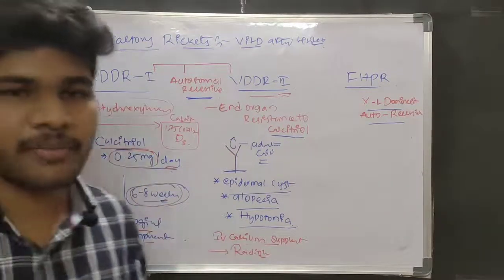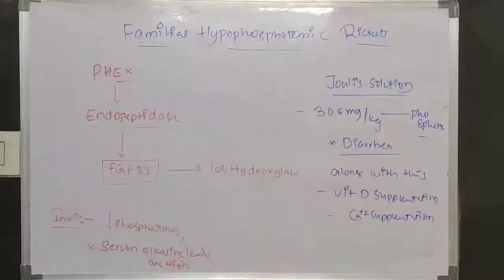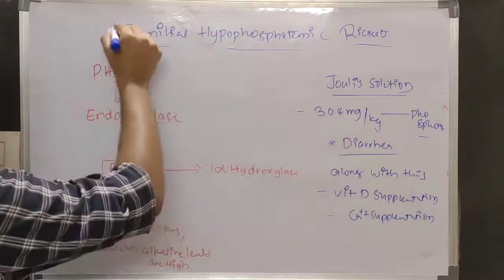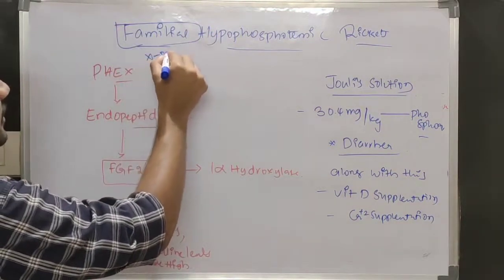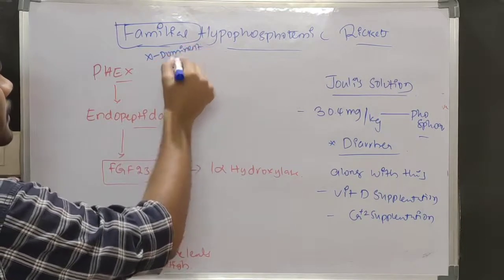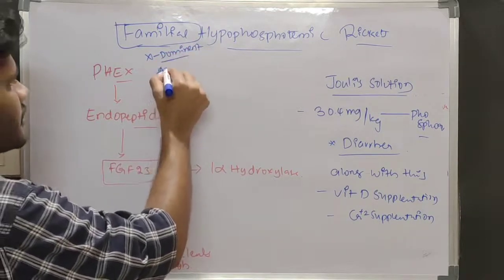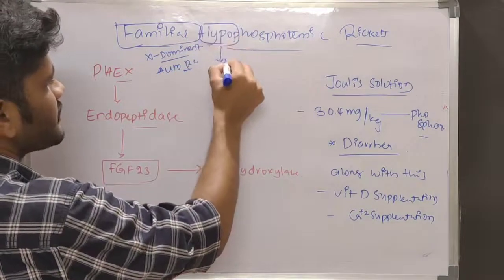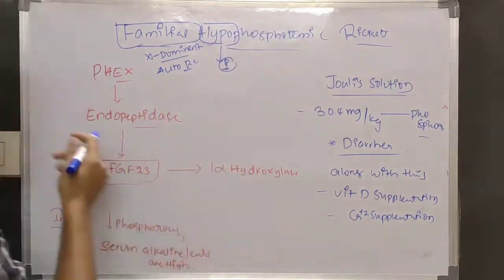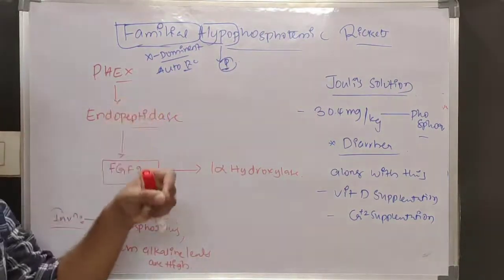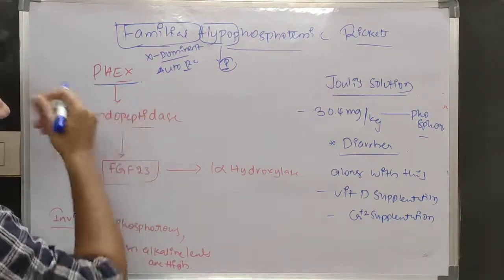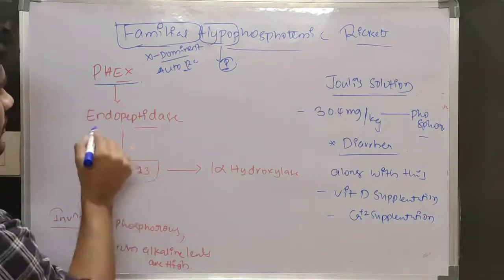Let's discuss familial hypophosphatemic rickets. Since it is familial, it can be due to X-linked dominant or autosomal recessive inheritance, and hypophosphatemic means there are reduced phosphorus levels in the blood. There is a gene called the PHEX gene which regulates the production of endopeptidase.